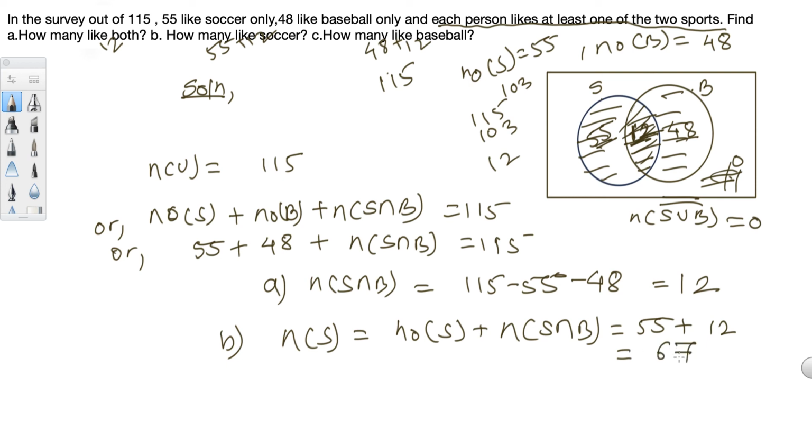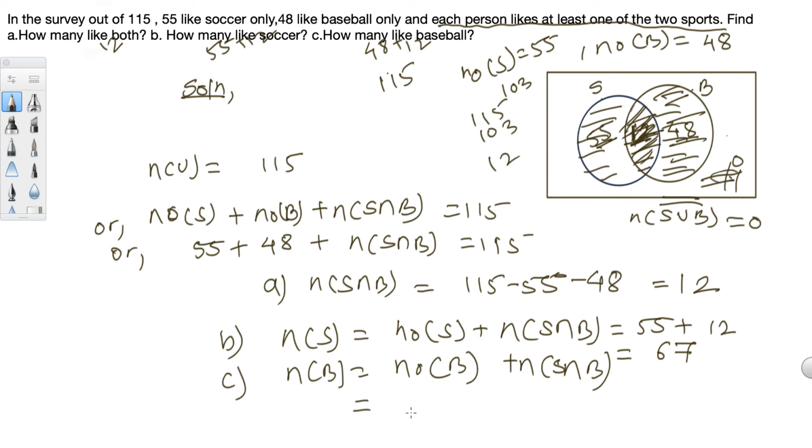So 67 of them like soccer. How many of them like baseball, which will be n(B)? Obviously it is n not B plus this area, n(S intersection B). So n not B is 48 plus another number is 12. 48 plus 12 will be 60. So 60 of them like baseball.